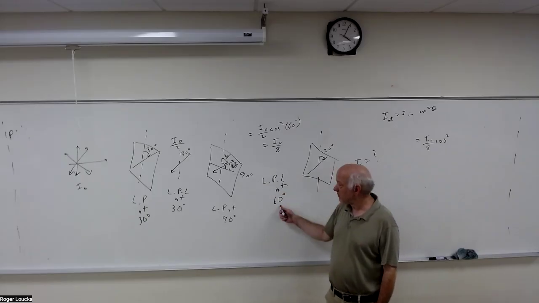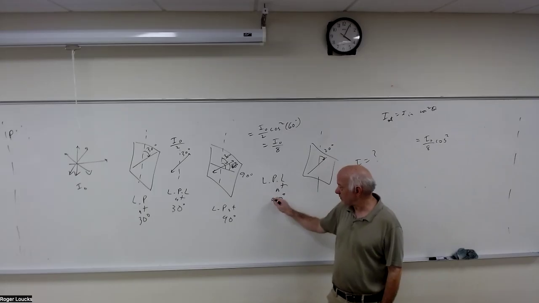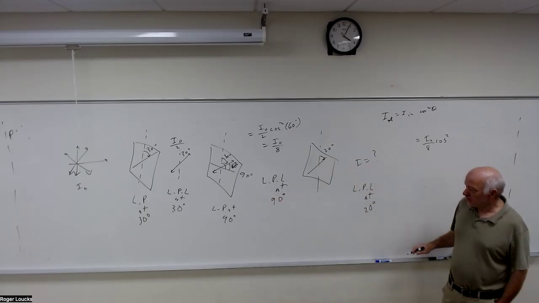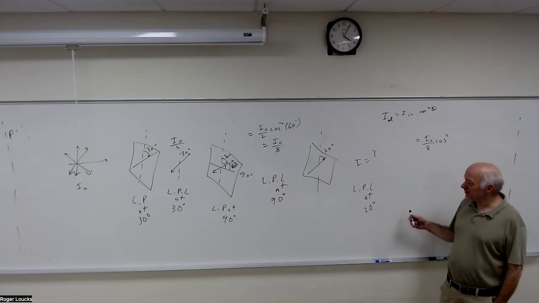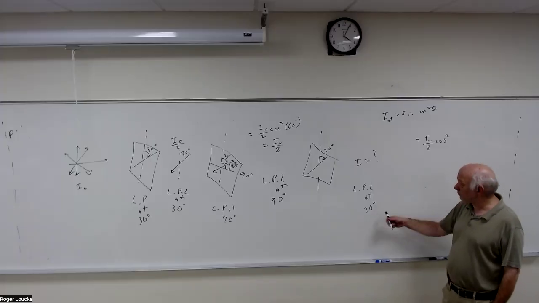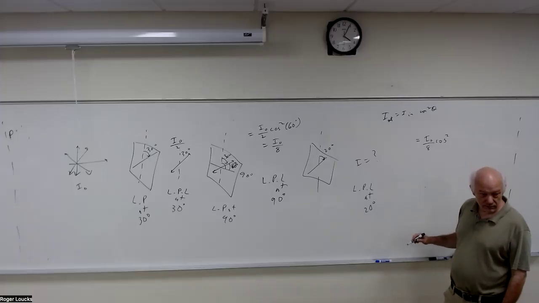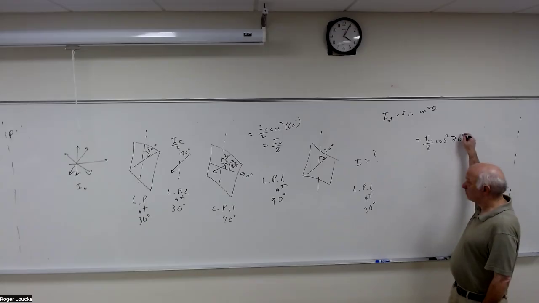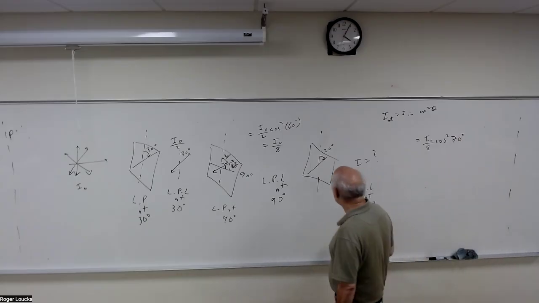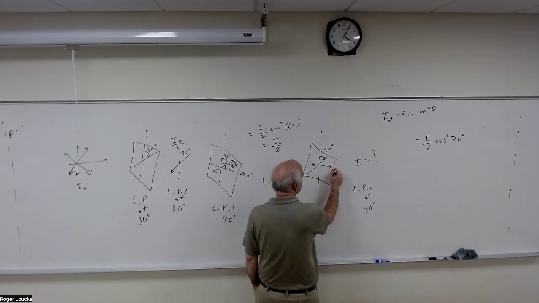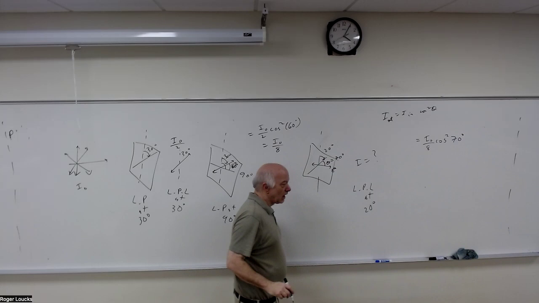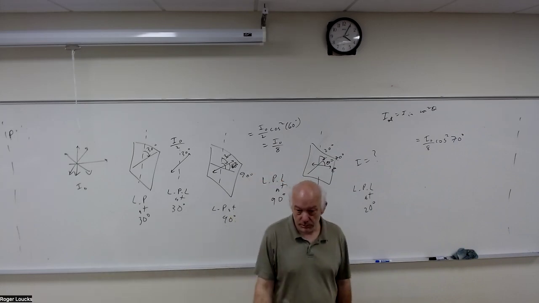I saw the 60 here, but this is 90 degrees. Sorry about that. So this is linearly polarized light at 20, but the theta is going to be 70, because your electric field is like this. You need that angle, theta equaling 70 degrees, and you have to work that out with the calculator. Does that make sense?